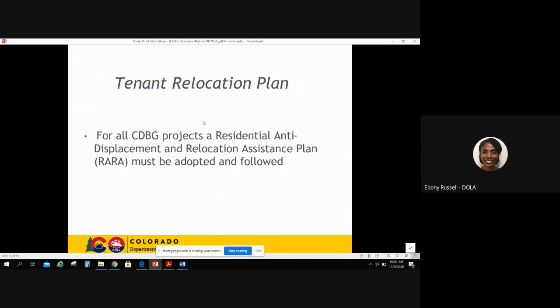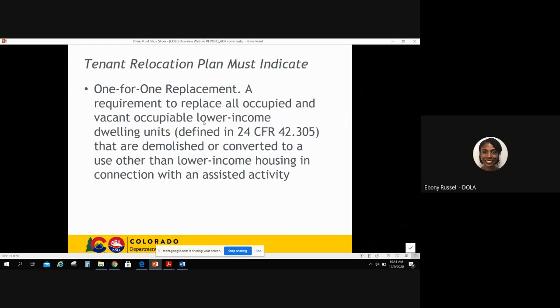So a tenant relocation plan, or a RAP, which is a relocation assistance plan, must be adopted and followed for all projects where URA applies. That tenant relocation plan must state that one-for-one replacement will be followed.